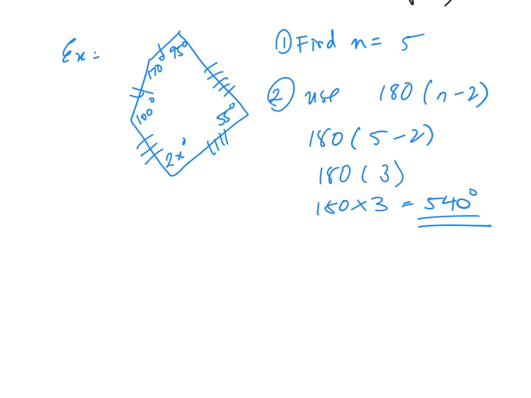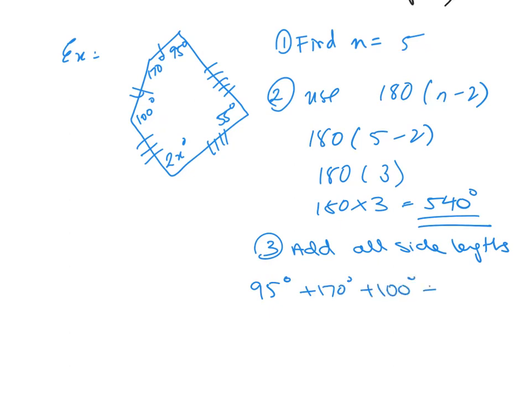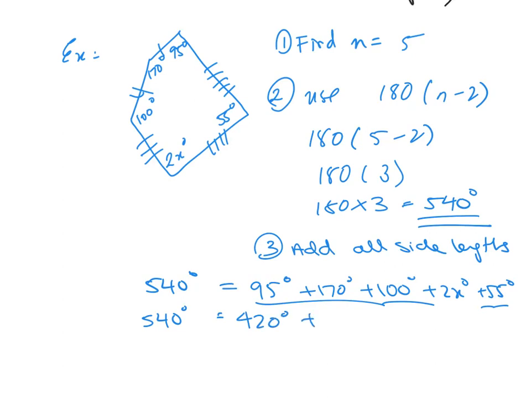That is the sum of all the angles, but I want to find what x is, remember. To find x, I need to add all my angles. So I have 95 degrees plus 170 degrees plus 100 degrees plus 2x degrees plus 55 degrees, and these all equal 540 degrees. Once I add these along with 55, I end up with 420 degrees plus 2x degrees.